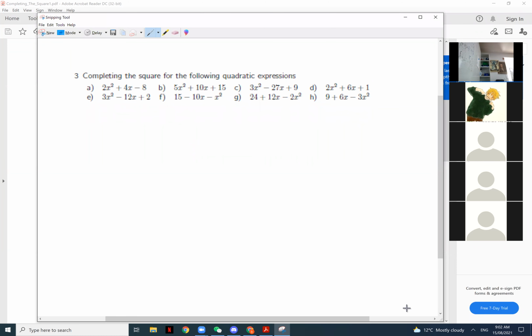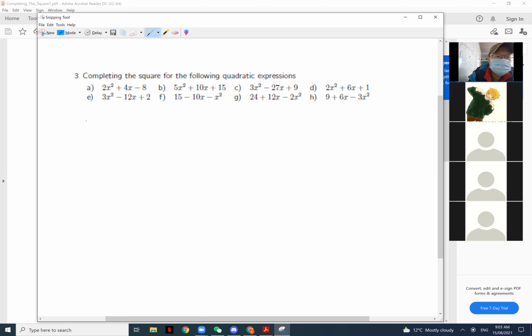You remember completing the square. Completing the square is very important in algebra.